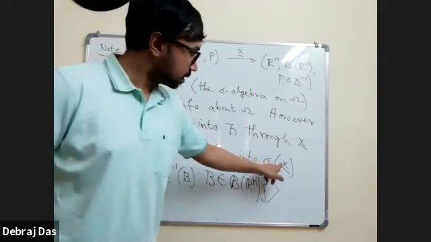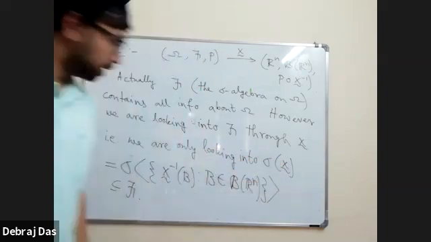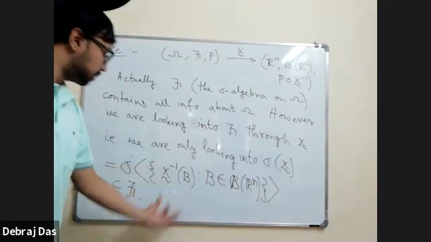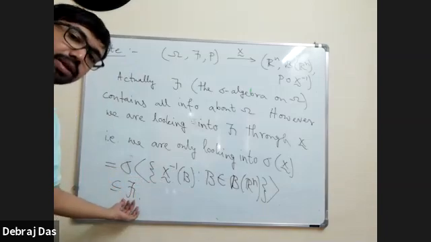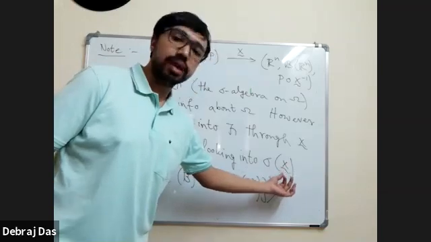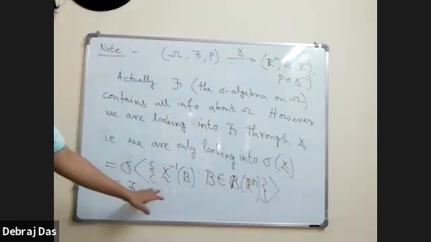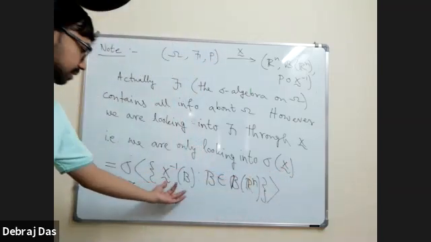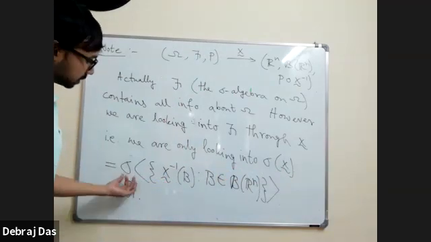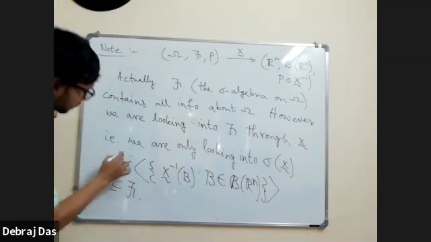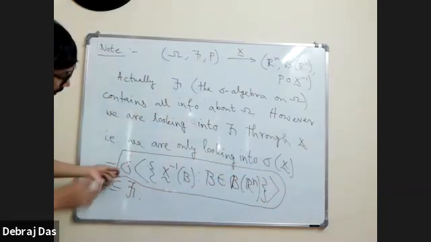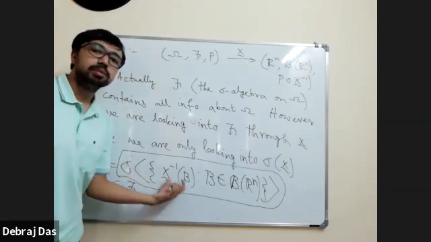First of all, this X-tilde is a random vector. So you already have the restriction that this type of sets belong to script F. There is a restriction due to the definition of random vector. Now I am saying that since this type of sets belong to script F and script F is a sigma algebra, this whole thing is nothing but the smallest sigma algebra generated by this type of sets.